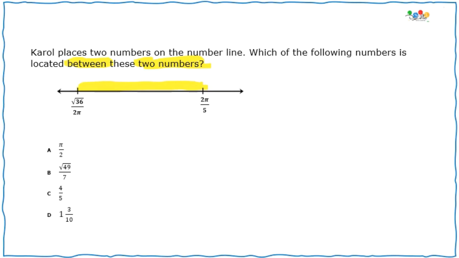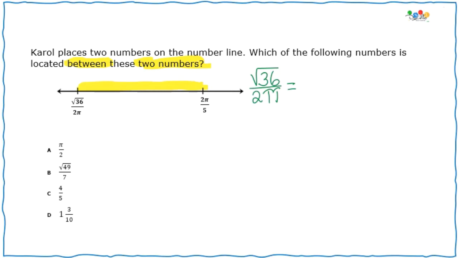Okay, so the next thing I need to do is find the equivalent decimal for those numbers. So let's start with the first number. I need to find the equivalent of square root of 36 over 2 pi. Go ahead and input that in the calculator and let's see if you can find what is equivalent to that.